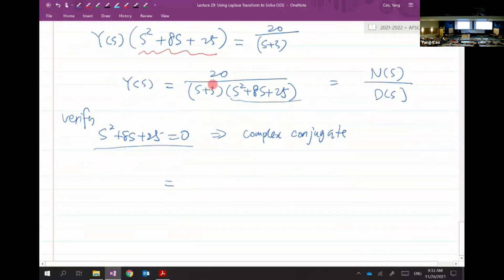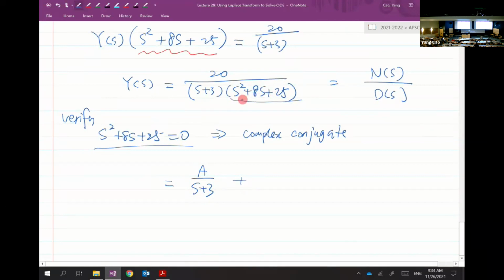So let's do that. S plus 3, we treat it very much the same as what we did in case 1. Okay, so I'm going to have a fraction which has a denominator s plus 3. So a over s plus 3.